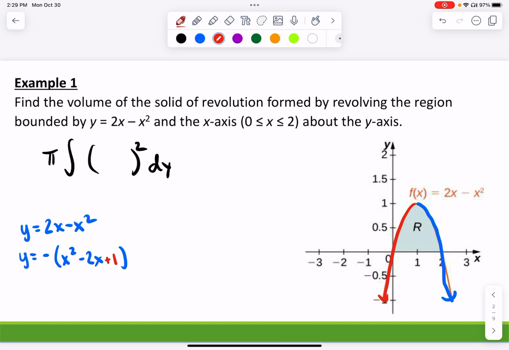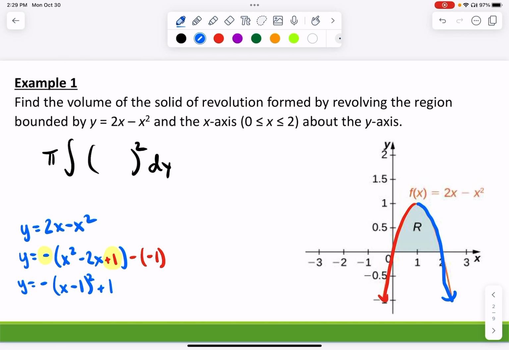I'm going to add 1 inside and subtract a negative 1 outside, because it's a negative. So what we now have is y equals negative (x minus 1) squared plus 1.